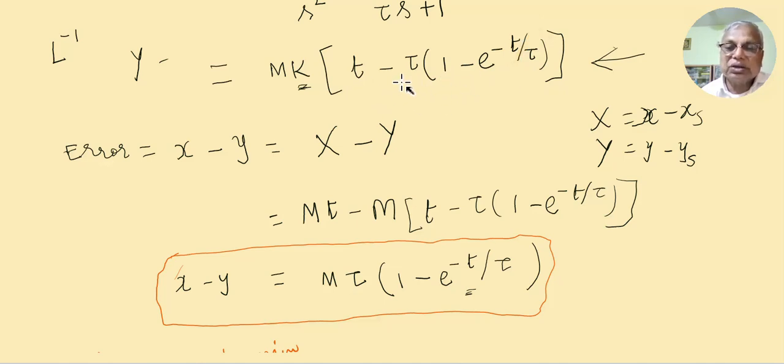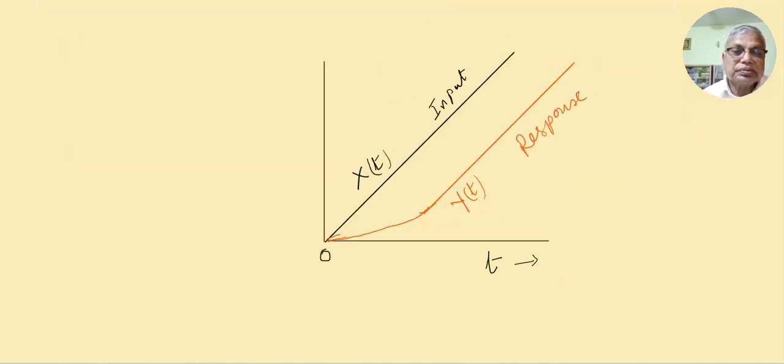So t minus tau is an equation of a straight line. So you will find when you plot this, initially it will be a curve because of the effect of this term. And after a long enough time, this term becomes negligible, so you'll get a straight line. So it will look like this. We plot x and y on the same graph.